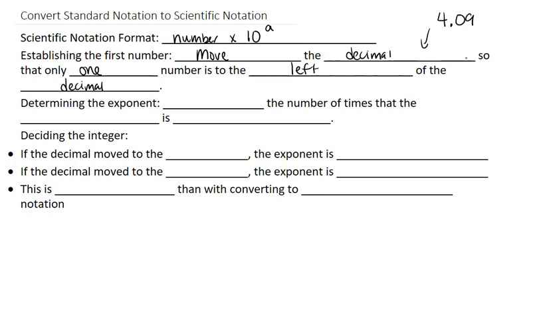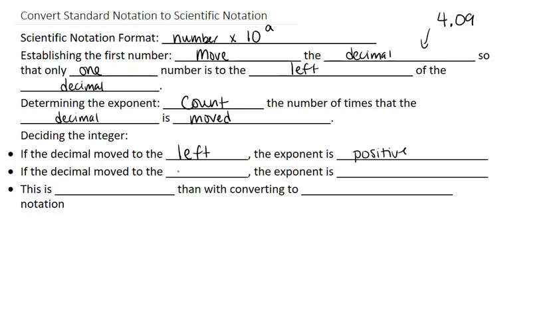Then to determine the exponent, we count the number of times that the decimal is moved. And when determining the integer, if the decimal moved to the left, the exponent is then positive.